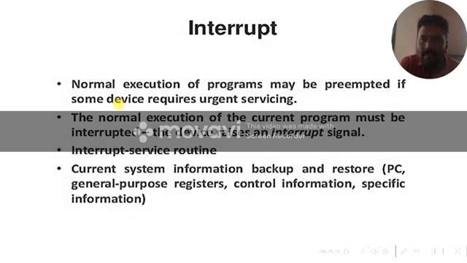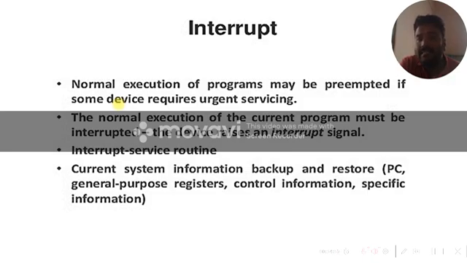So I will stop that process and move on to the next process, taking the printout of 10 sheets. While I am taking that printout, I make the current execution wait for a particular period of time until I complete the next task. So the normal execution of a current program must be interrupted.